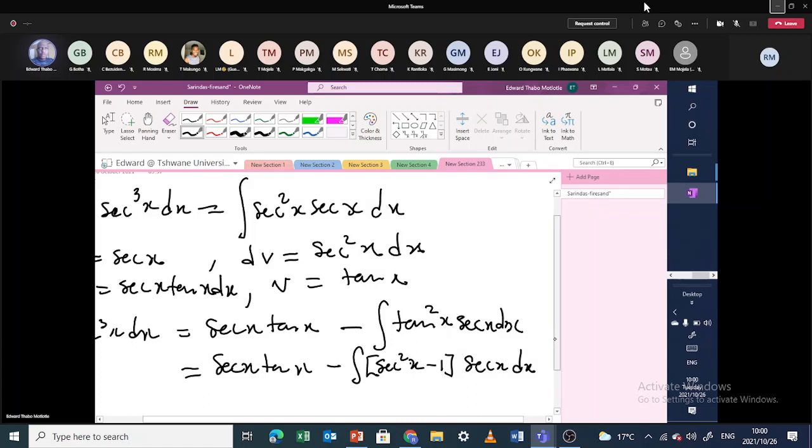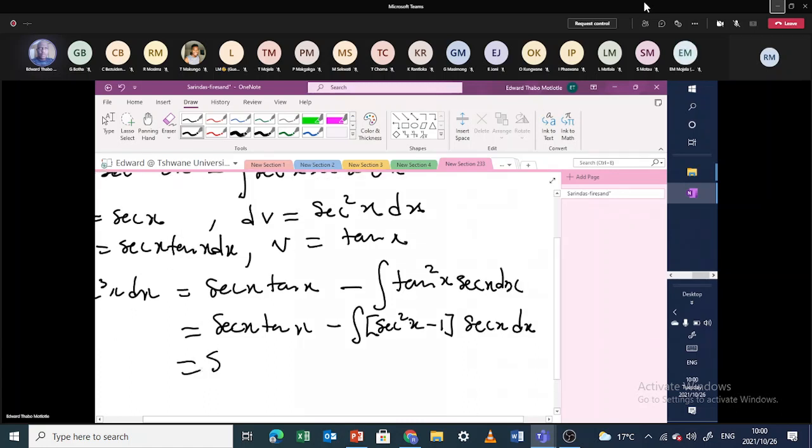Now let's multiply out. So here we have sec x tan x minus, then let's multiply out. We have the integral of sec to the power 3 x dx minus, or plus, the integral of sec x dx.